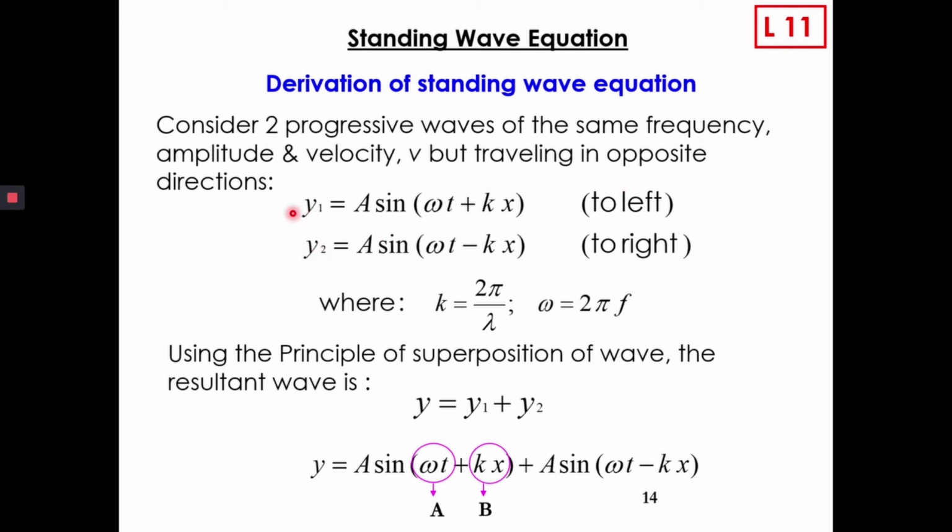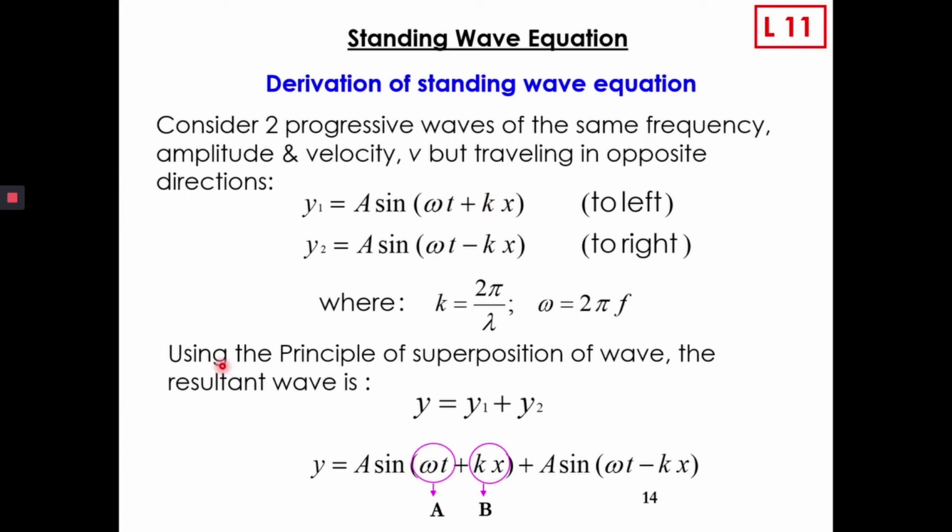Okay, and the second progressive wave, the equation is A sine omega t minus kx. The minus sign here shows that the wave is traveling to the right. And both waves have the same amplitude, the same value of omega, and the same value of k.